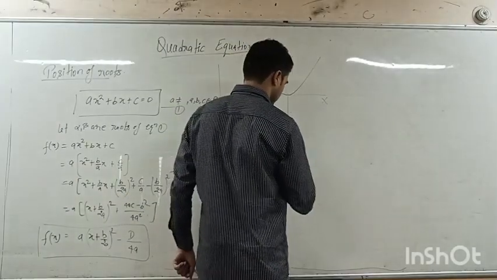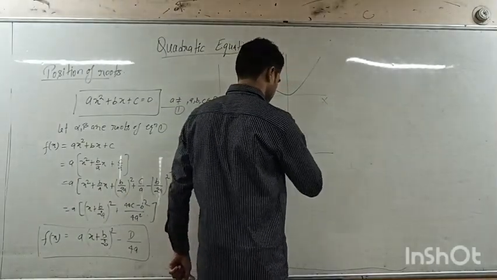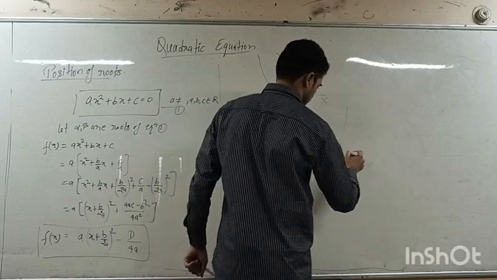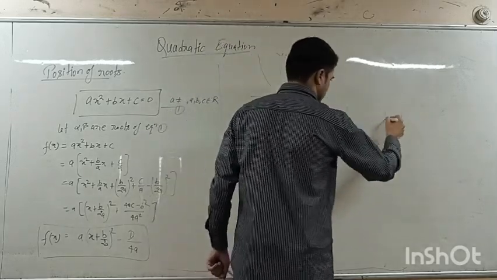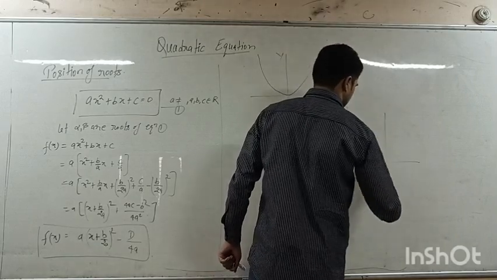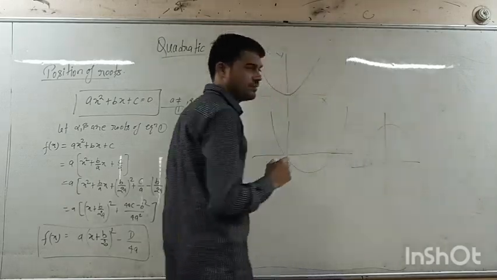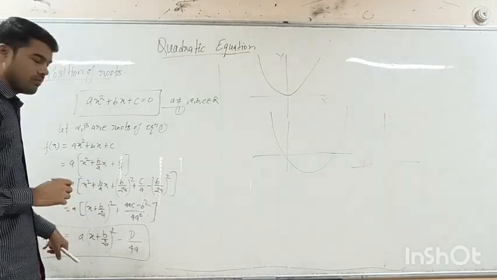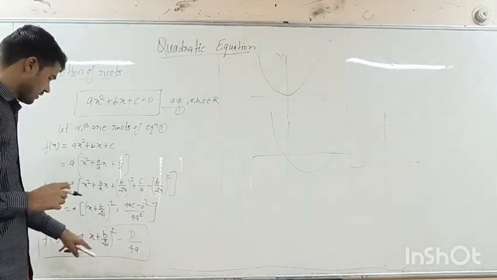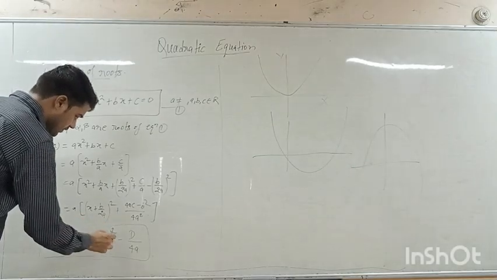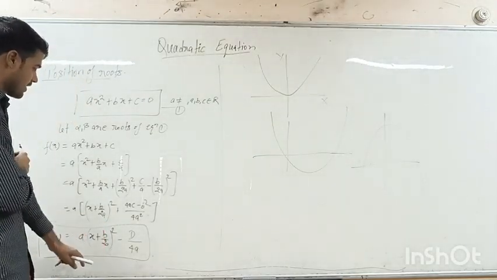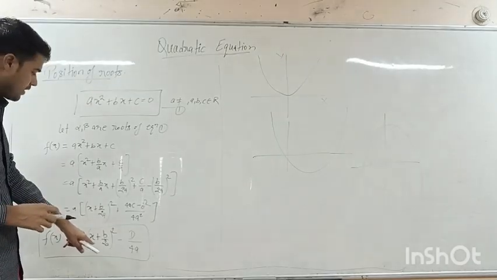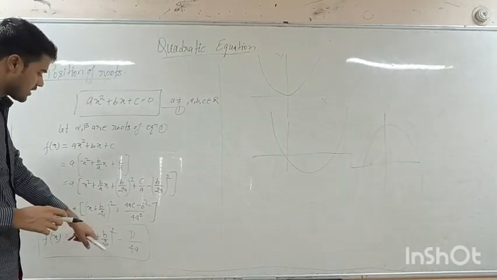When we draw the graph of f(x), the graph will be like that, or it may be downside like that. So where will be the minimum value of f(x)? If this part is 0, then f(x) will be minimum. And where will it become 0? It will become 0 at minus b by 2a.